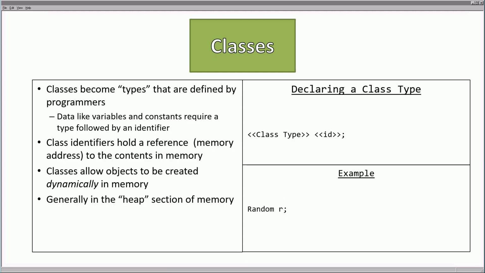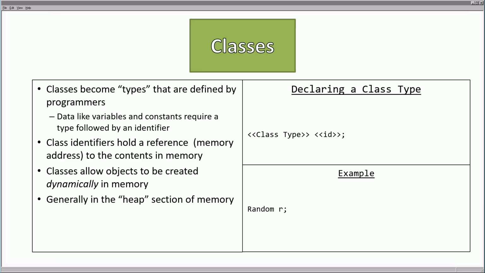Whenever we create a class, that becomes a type, and this type is defined by the programmers. Data like variables and constants require a type followed by an identifier. So if we're declaring an instance of a class, we need the class type followed by an identifier. We've seen this many times before, and this is just one of many examples where we're declaring an instance of a random number generator that we call R. Another one would be Scanner.